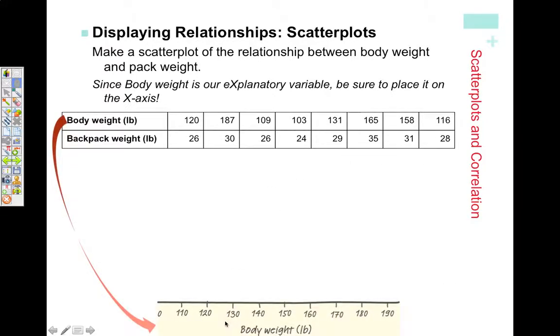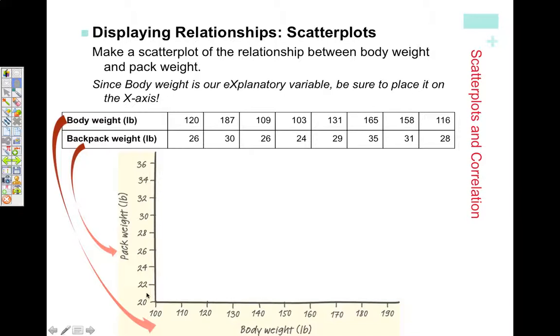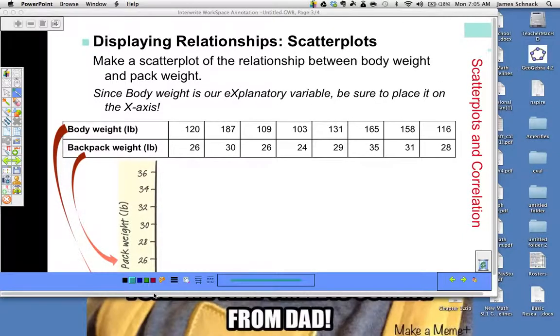So our x-axis will be body weight in pounds, scaling starting at 100 and going by 10 pounds. Our response variable goes on the vertical scale starting at 20, going 22, 24, 26, going by 2's, labeled pack weight in pounds. Now what I would like to see, and this is something that's oftentimes left off of a statistical graph, is a break in the graph like this.